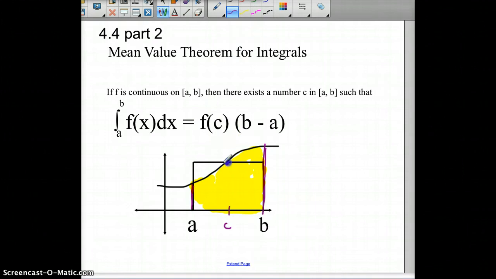So this would be f of c times the width of the rectangle from a to b, so b minus a.